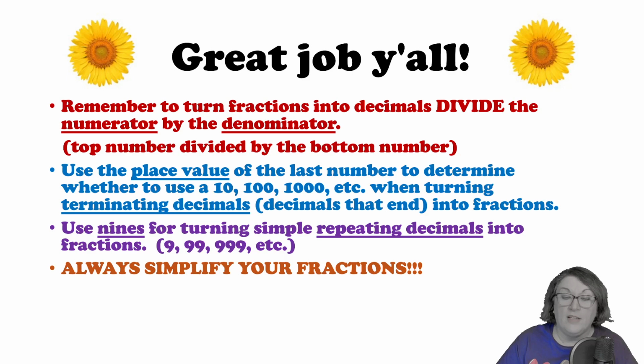The top number is divided by the bottom number, and then using the place value of the last number to determine whether to use a 10, 100, 1000, etc. when turning terminating decimals, or decimals that end, into fractions, and use nines for turning simple repeating decimals into fractions, such as 9, 99, 999, etc. in your denominators. And always simplify your fractions.